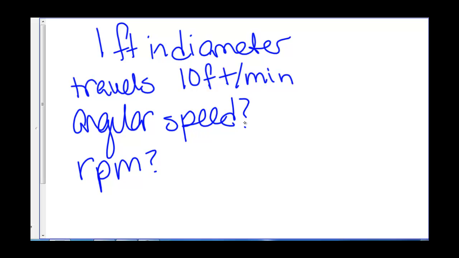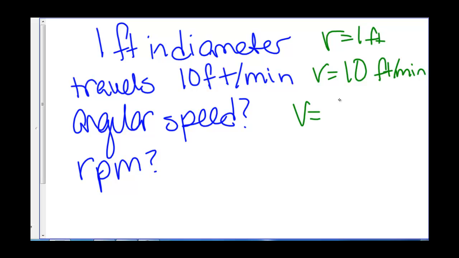Okay, so what do we know? We know r equals 1. We know that the linear speed v is 10 feet per minute. So we know v equals s over t.